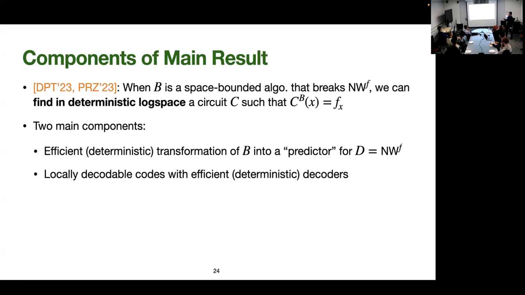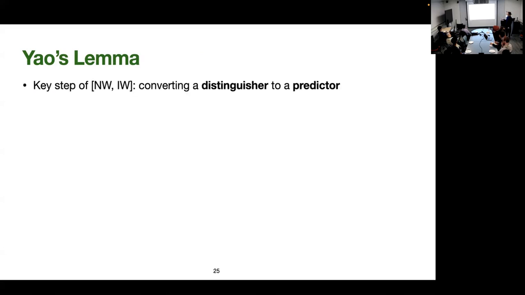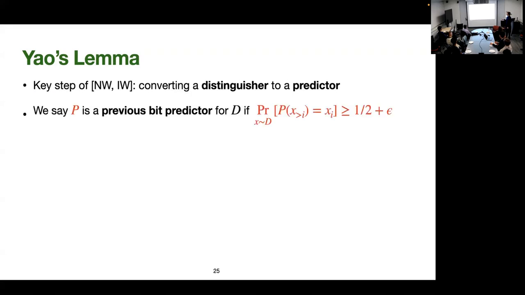So I'll quickly say some more words about both of these technical tools. The first, which is this transformation of a distinguisher to a predictor, is this really nice transformation known as Yao's lemma. And this also comes up in all of the previous hardness-to-randomness works. I'm now going to give a definition, apologies.